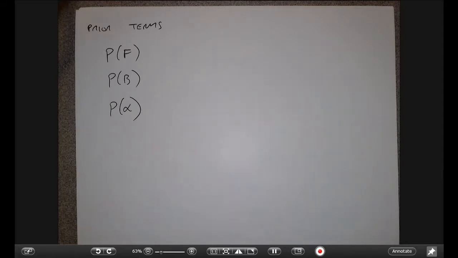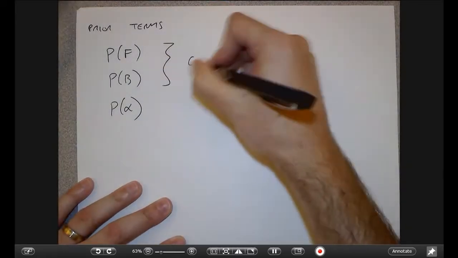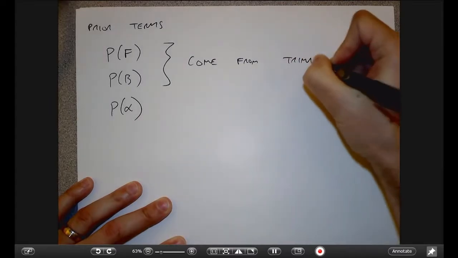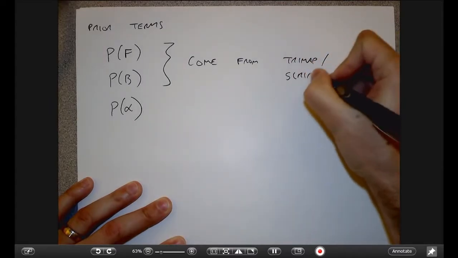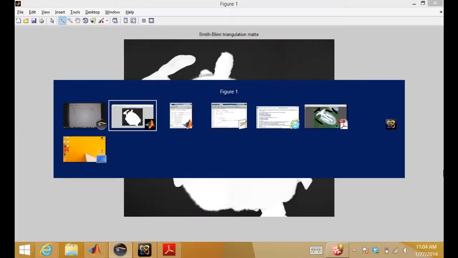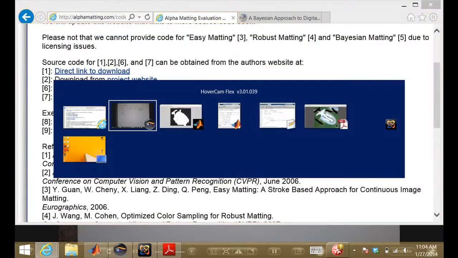So what I could do is obtain those, and that's exactly where the Trimap comes in. Basically these come from the Trimap, or they come from Scribbles. Let's go back to my PDF here.